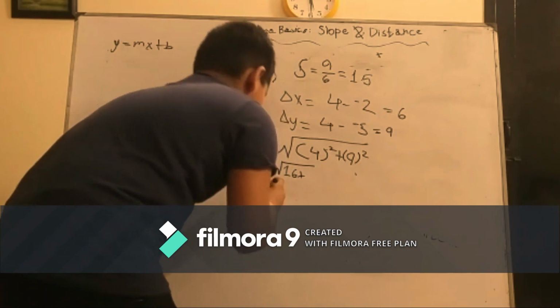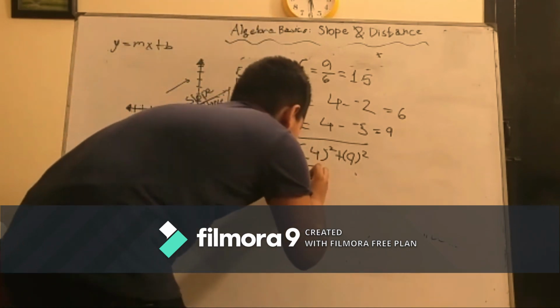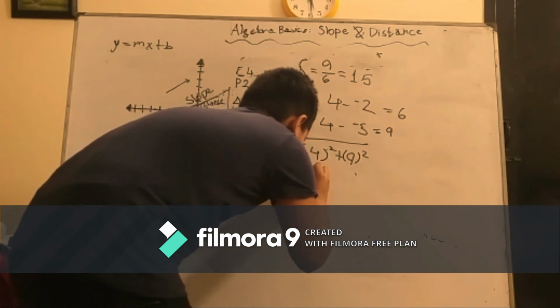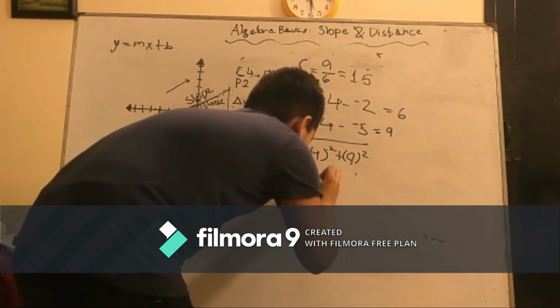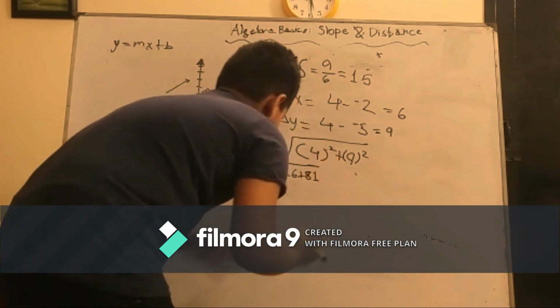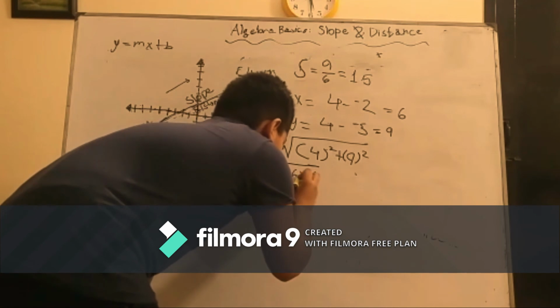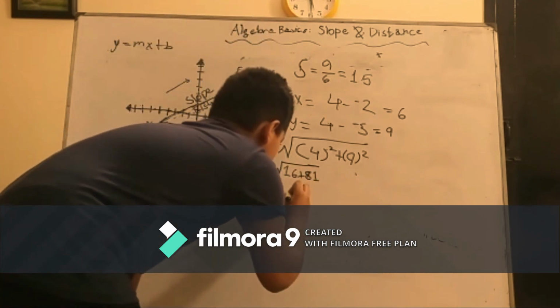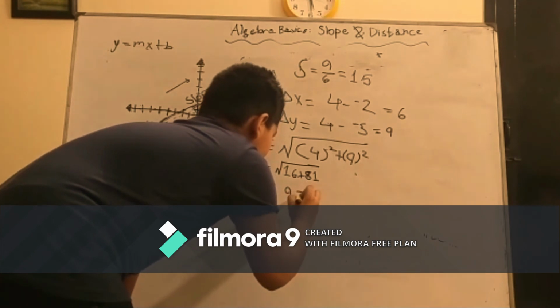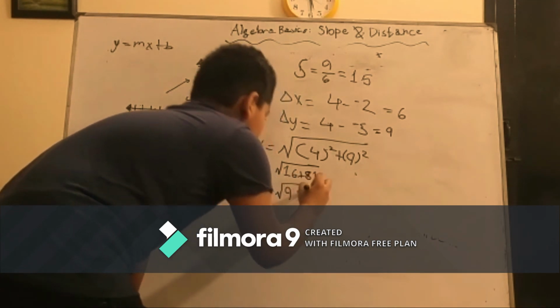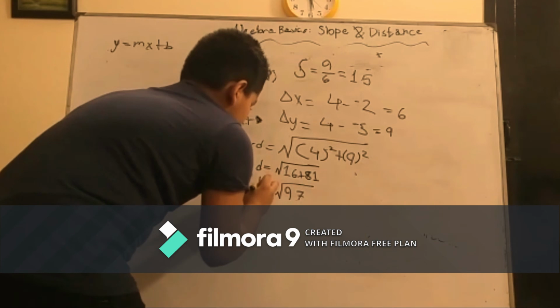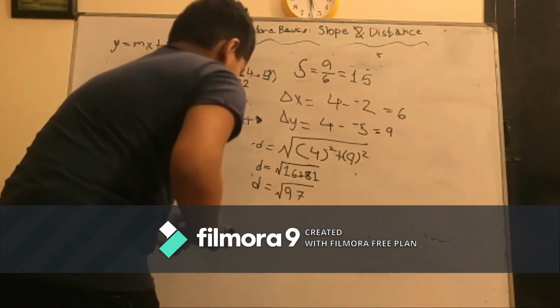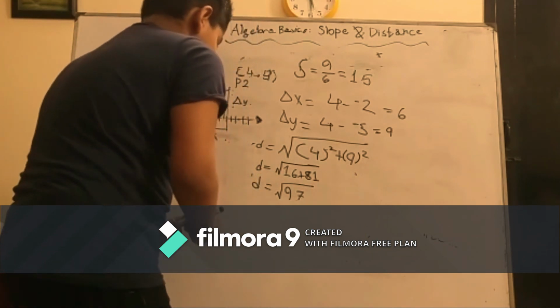Well, obviously, it's 81. Sometimes you just have to do some math in your head. Then you add these up and you get 97. Since 97 is not a perfect square, you can say the distance is the square root of 97.